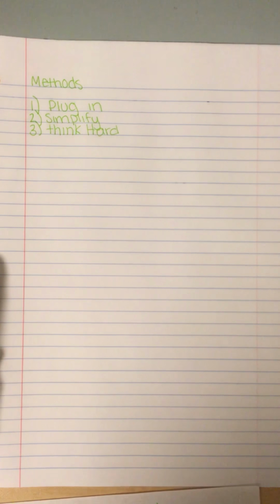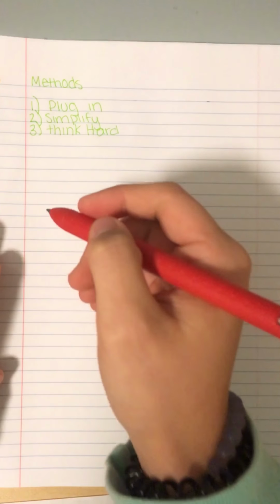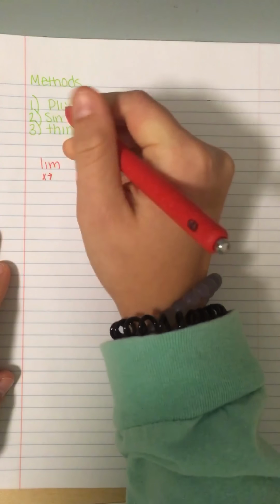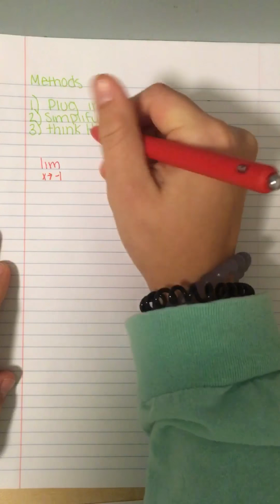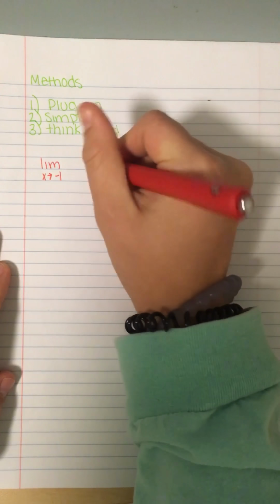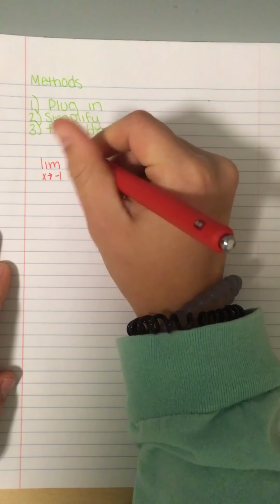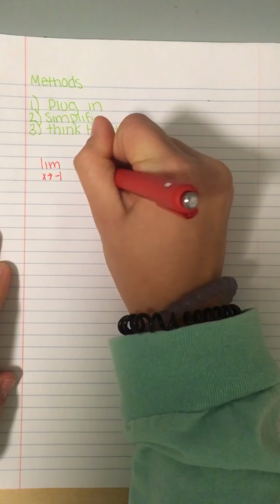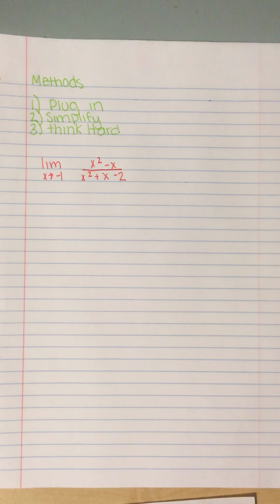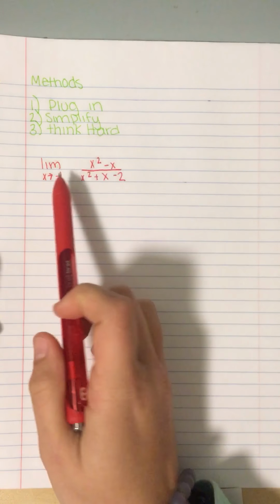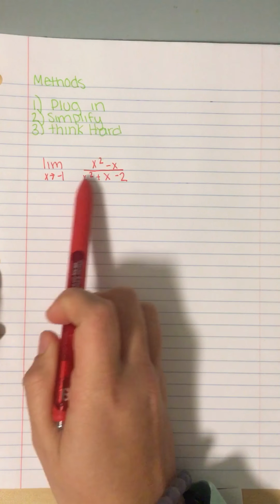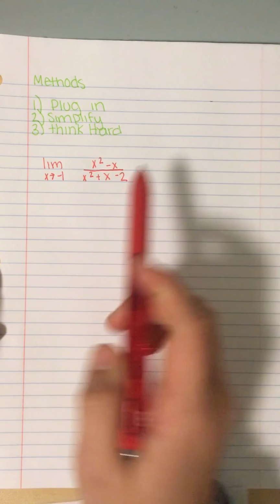So let's start with the equation limit as x approaches -1 of x squared minus x all over x squared plus x minus 2. So with the plug-in method, we're going to take whatever the limit is approaching, in this case it's -1, and we're going to just simply plug it into this function.